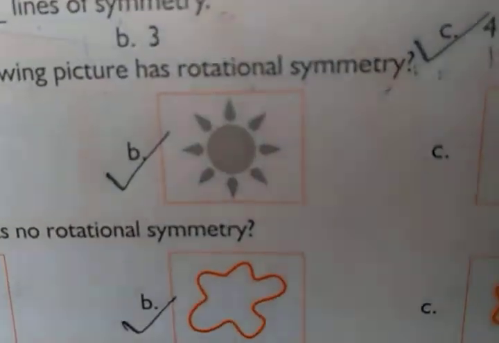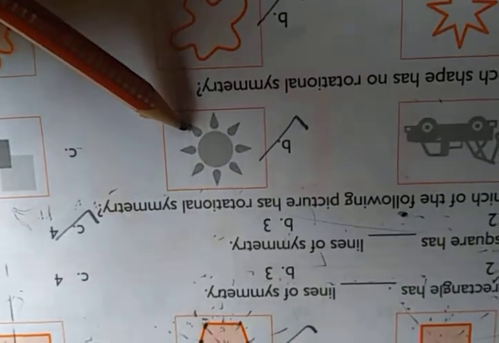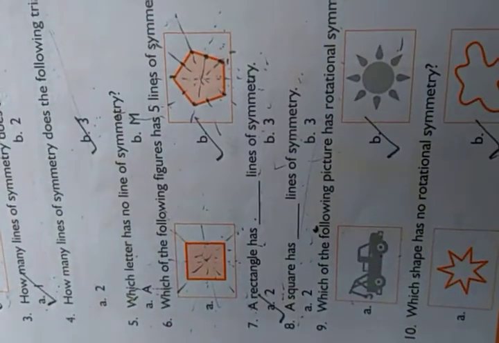This flower here, when I am rotating it at a right angle, is looking same. Then at the same position, it is looking same when I have rotated it about 90 degrees. When I rotate this one at a 90-degree angle, it is not looking the same.